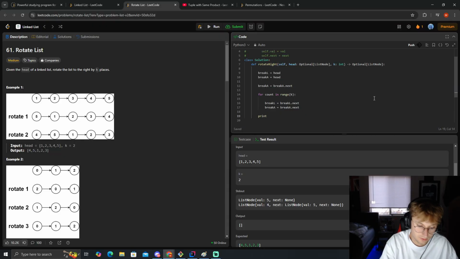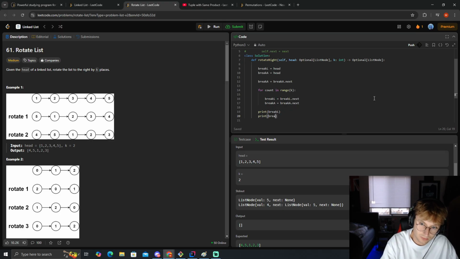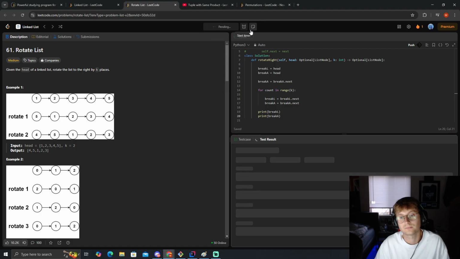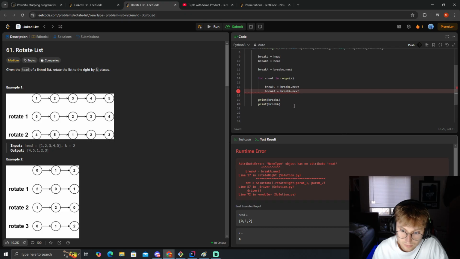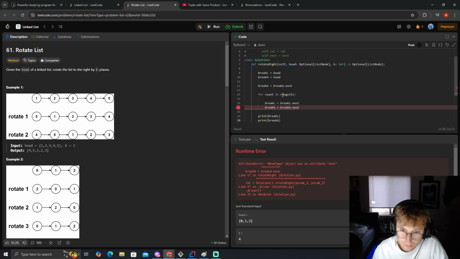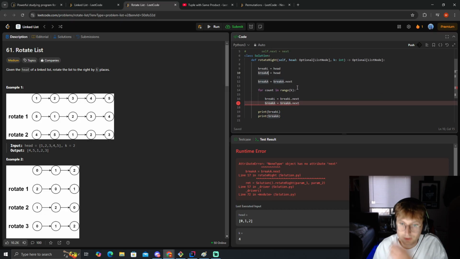Let's print break L. Let's print break A. Why isn't this working? NoneType object has no attribute next.